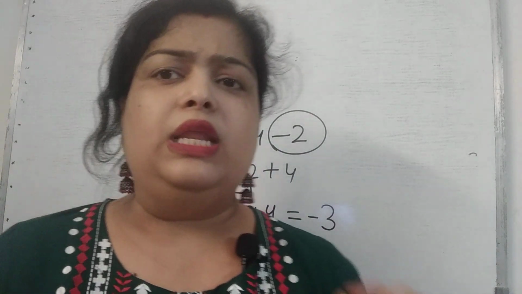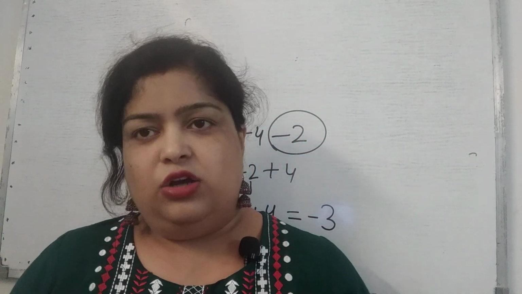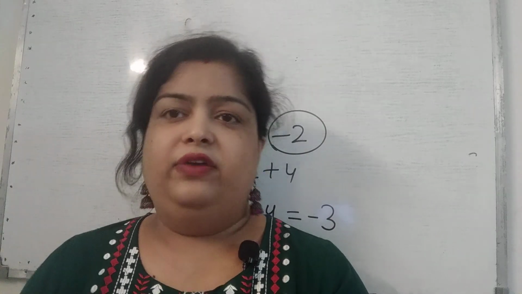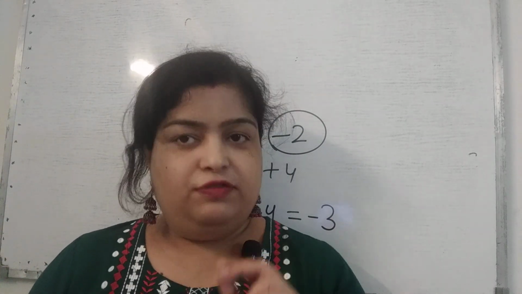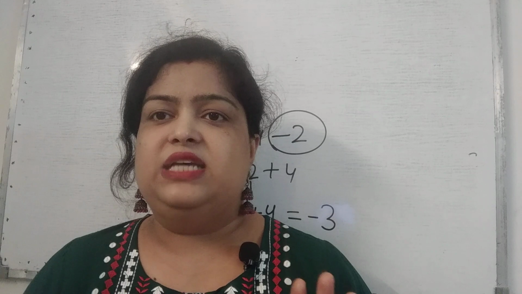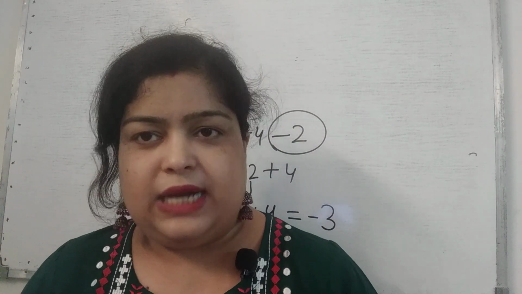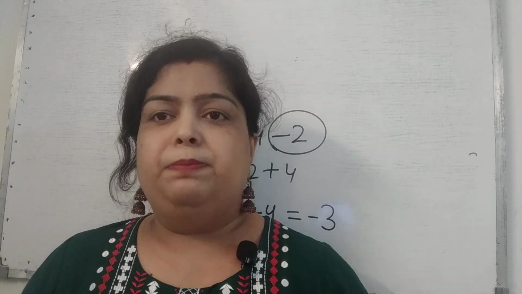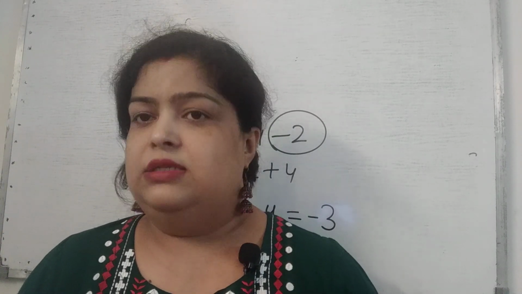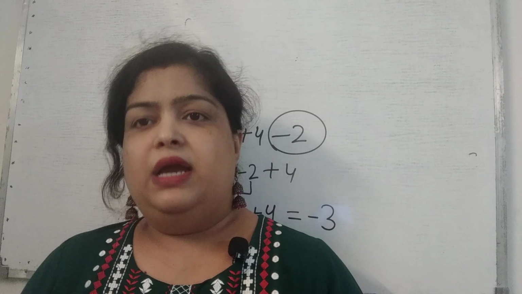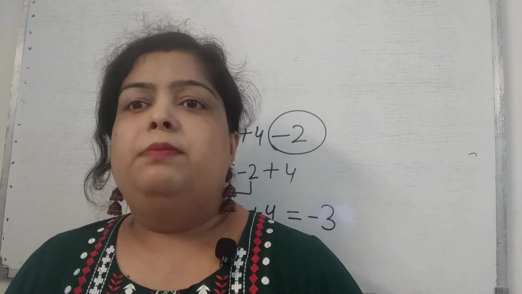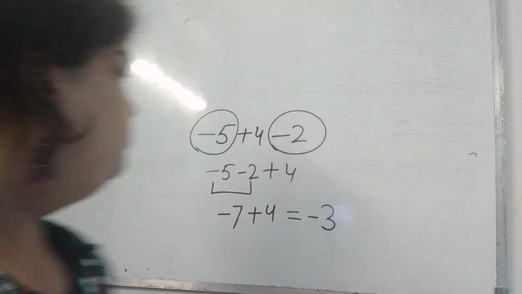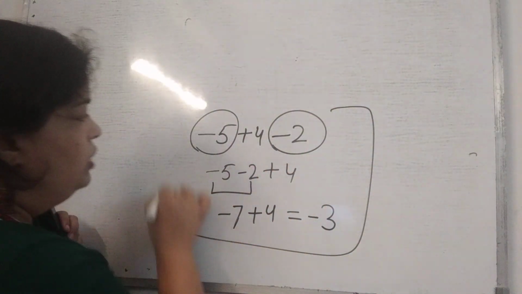Okay, in the second concept I taught you that if two integers having different signs, then you will simply subtract them. And you will put the bigger number's sign in the answer. You will carry that bigger number's sign and put it before the number that you got in your answer. Okay, I hope that's all clear to you.